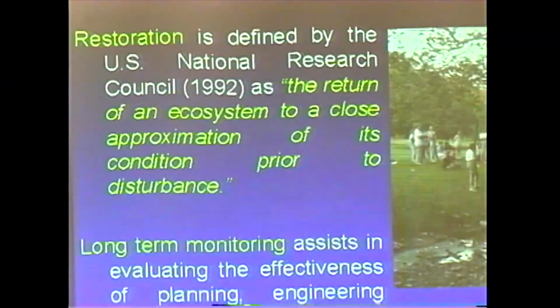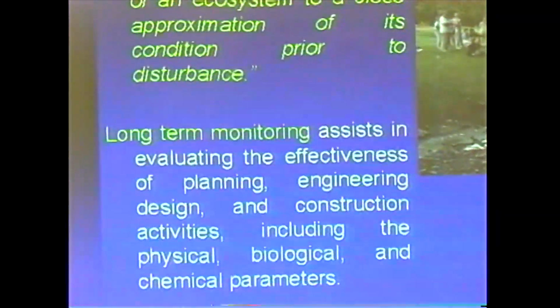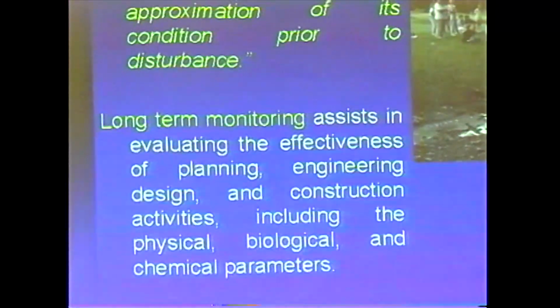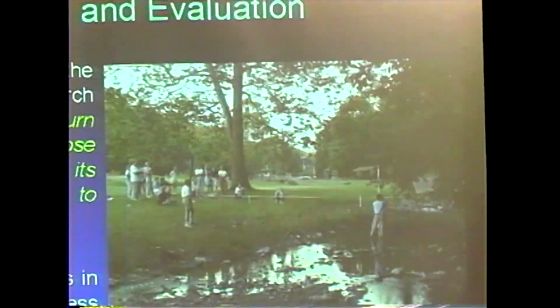Then long-term monitoring is something that this picture shows. It shows CLS and our volunteers getting out and taking a cross-section of the stream. And what this cross-section allows you to do is to see, is the stream continuing to downcut, or is the stream depositing sediment?